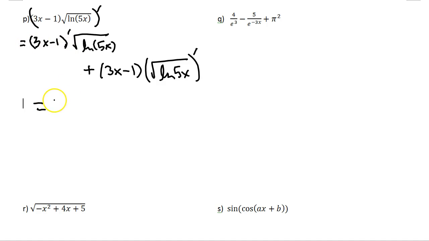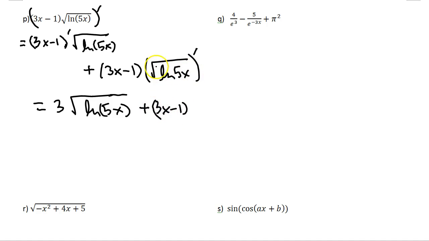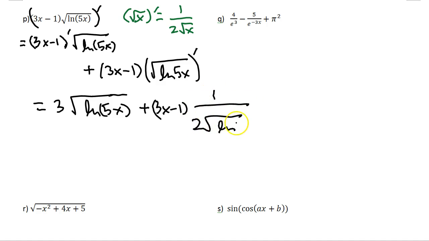3x minus 1 differentiates to 3. And then this one, the 1/2 power, you should really rewrite this. Oh, we can use the fact that square root of x differentiates to 1 over 2 radical x. So if I apply that, this will be 1 over 2 times square root of ln of 5x.